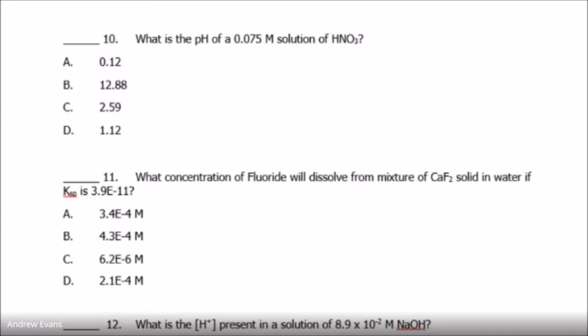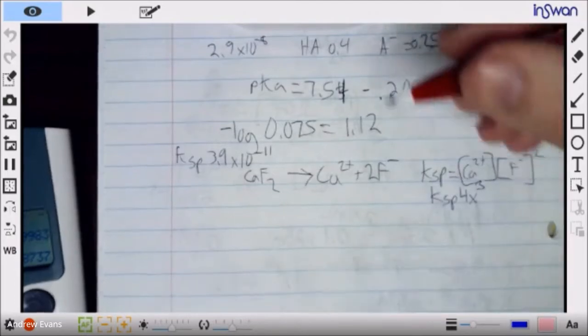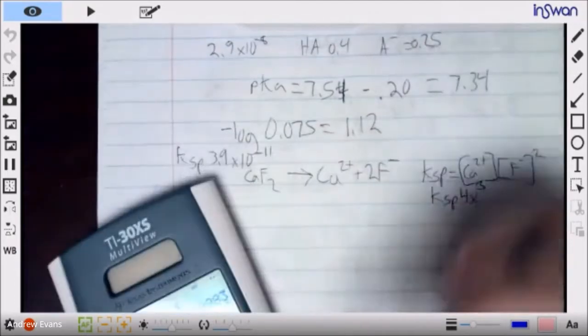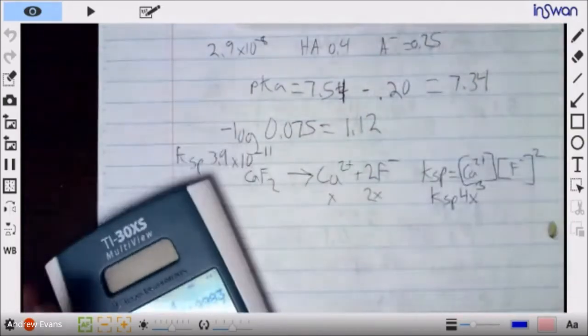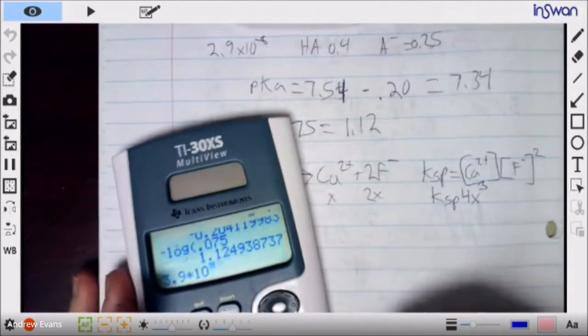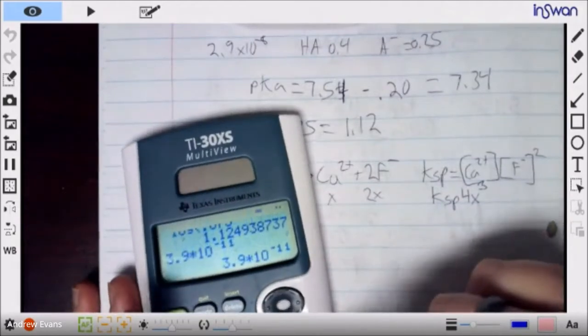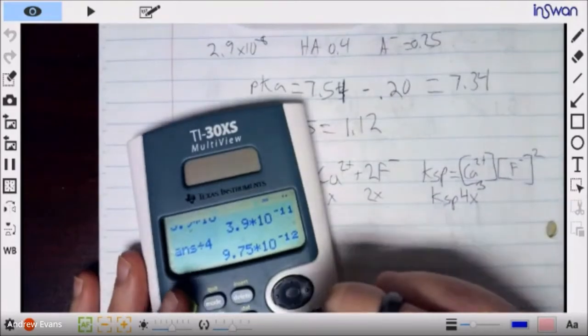So Ksp is equal to 4x cubed. Remembering that this is x and this is 2x, we take 3.9 times 10 to the negative 11th divided by 4, and then take the cube root.